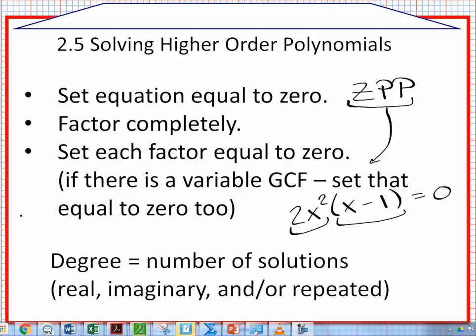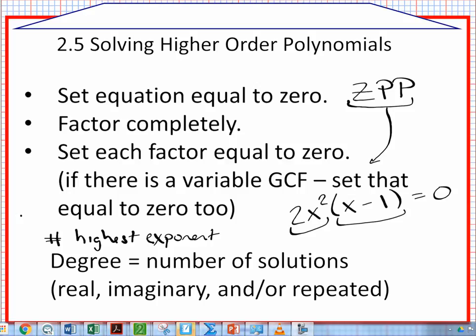Now, one thing that we're going to look out for to check all our answers is to make sure that our number of solutions matches the degree of the polynomial equation. The degree is the number of the highest exponent. Now, these solutions might be real, imaginary, or repeated.